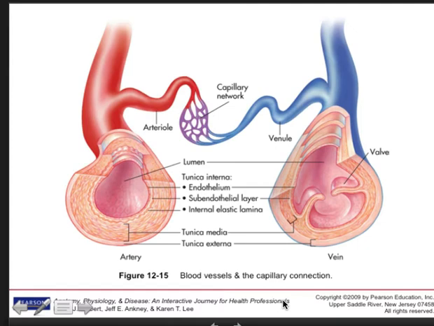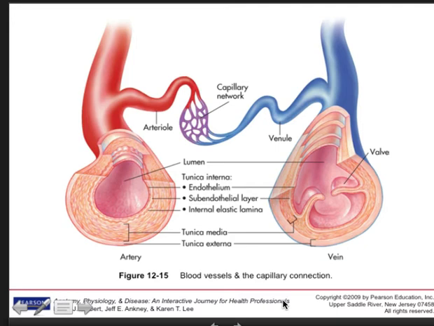And it's the collapse of these vessels, these veins, these flaps, that produces a condition called varicose veins, which, while unsightly, is also dangerous because it can result in spontaneous clotting of blood, which can produce an embolus that will travel and lodge in a capillary bed. And if this occurs in the heart, it can cause a myocardial infarction. And if it occurs in the brain, it can cause a stroke.